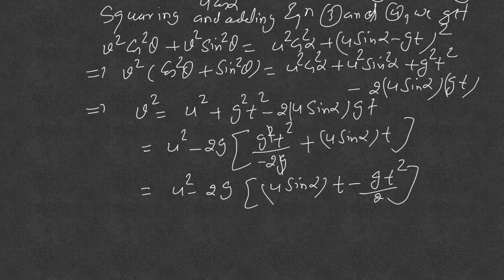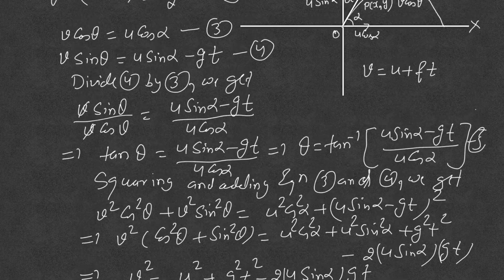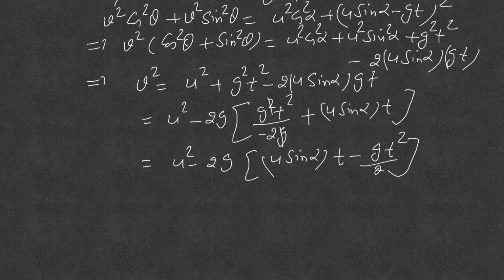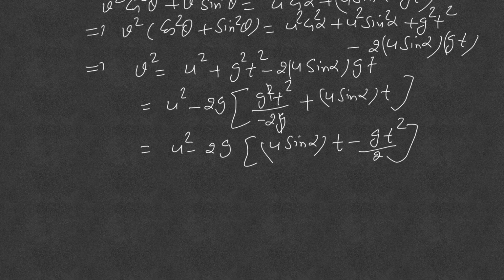Now we go back to equation number 2. What is equation number 2? From equation number 2, this thing is equal to y. So I'm going to use this equation number 2. Right here this will be u square minus 2g y.